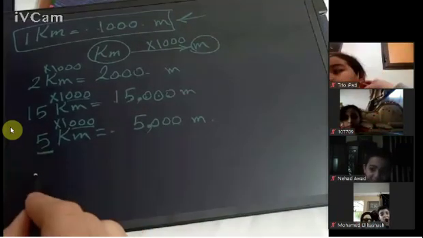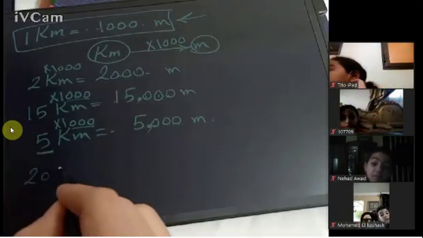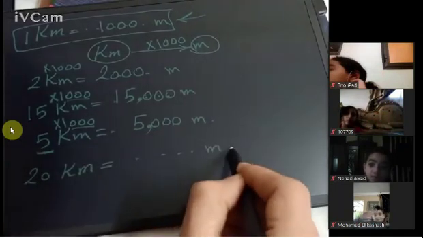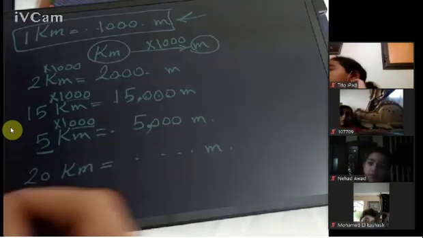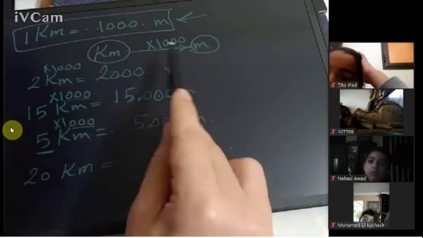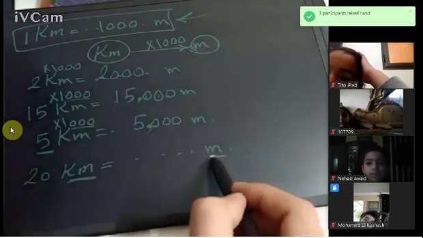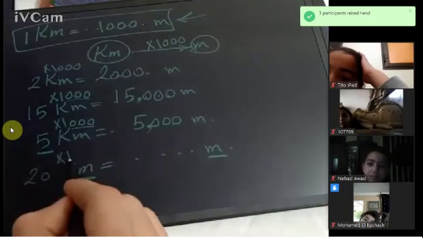Another one. 20 kilometers equals how many meters? The relation between kilometer and meter is multiplying by 1000. So from kilometer to meter, multiply by 1000.